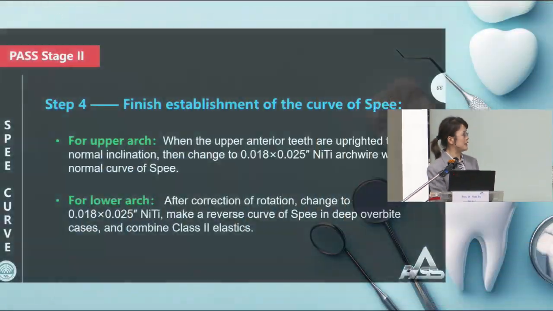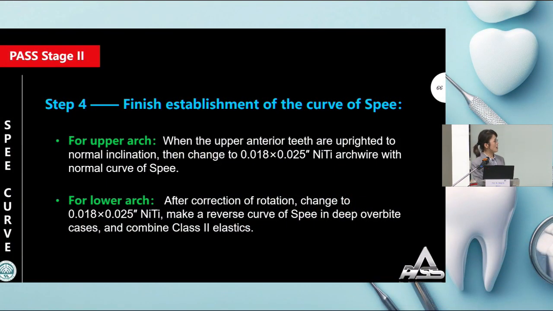And step 4, finish establishment of the curve of Spee. For the upper arch, when the upper anterior teeth are uprighted to normal inclination, then we can change to a 1825 nitinol arch wire with normal curve of Spee.